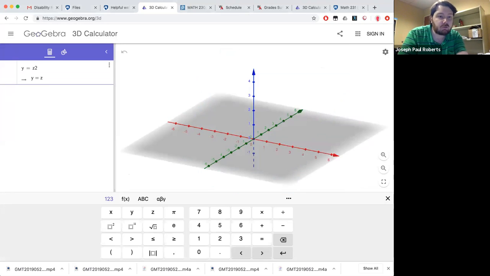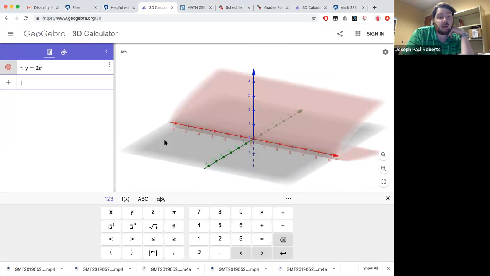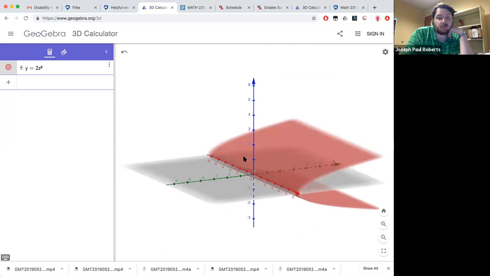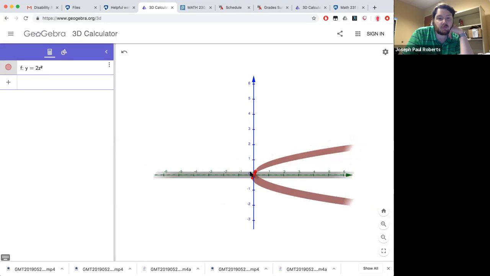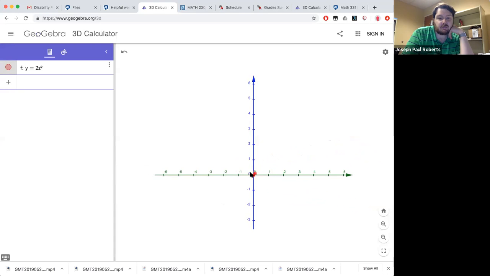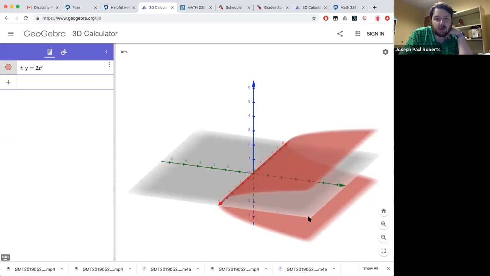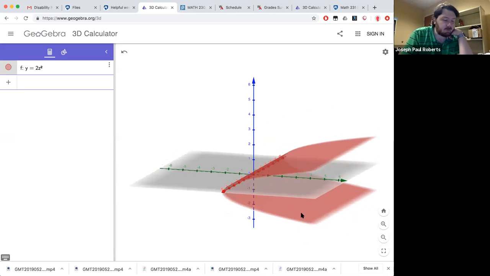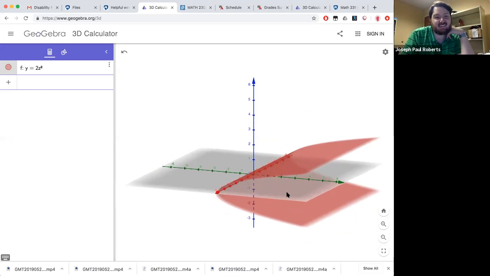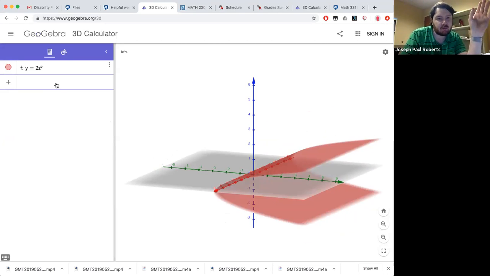So y equals 2z squared. That's all I have to type. Boom, there's our surface. It's good for playing around with surfaces too. Remember, since x is missing, all of the x equals 1, x equals 2, x equals 3 cross sections are the same parabola. If you stack them all together, you get this parabolic cylinder. I guess I did a decent job drawing it.